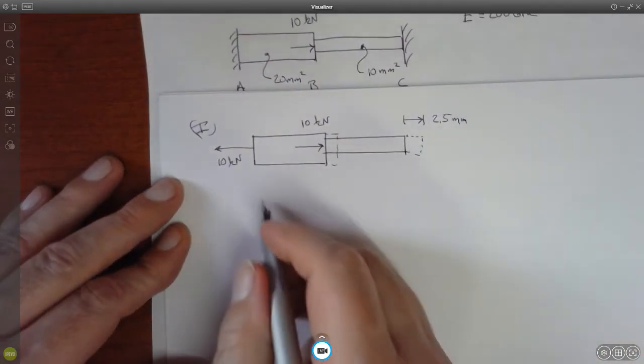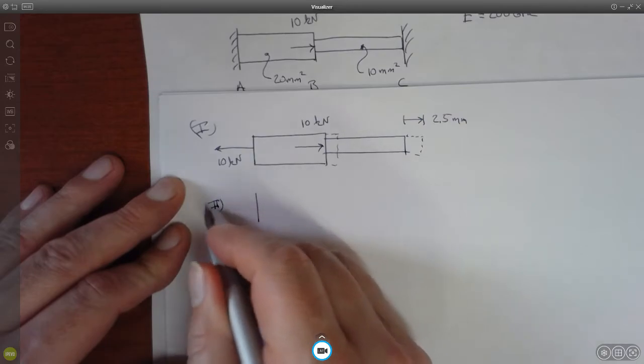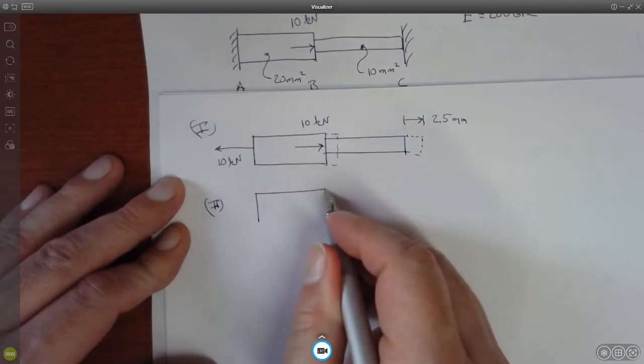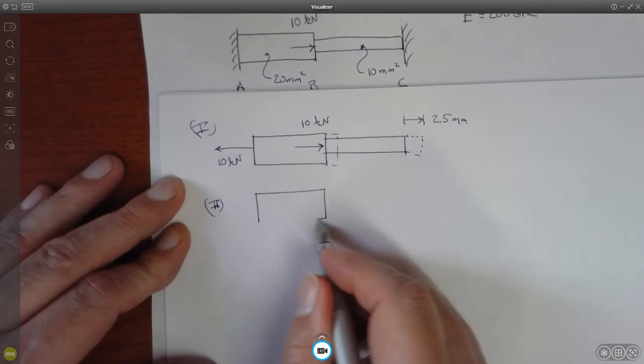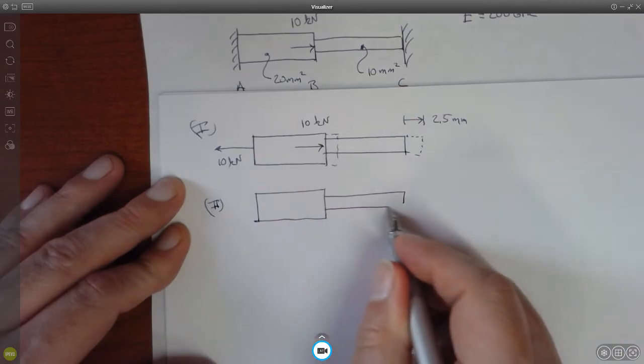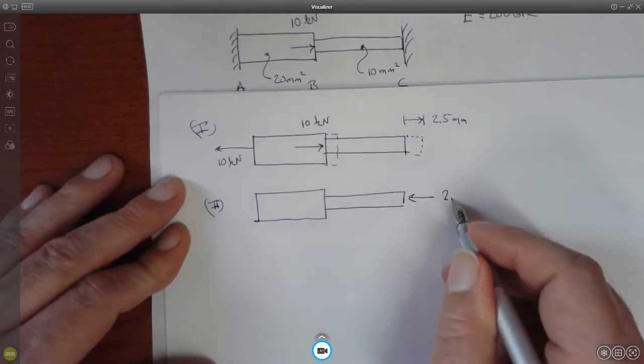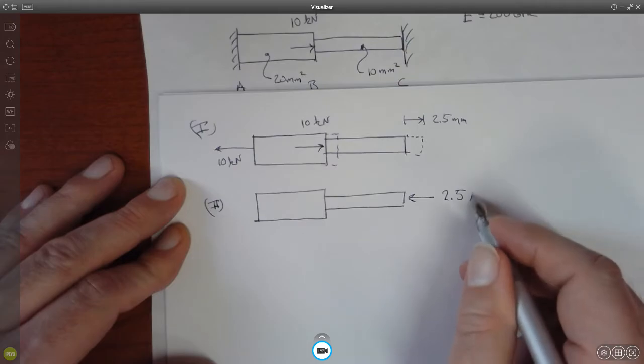Now we know if we also consider the second load case, like this, and we put on here a compressive force of 2.5 kilonewtons.